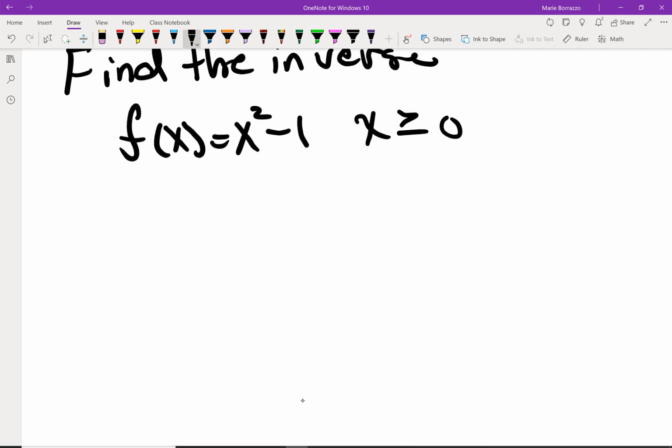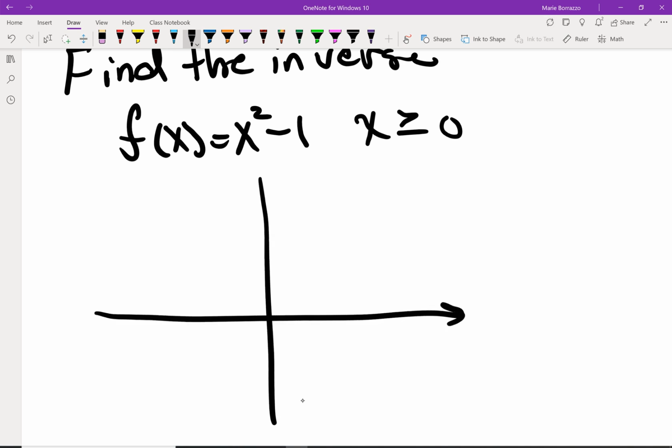So if I'm looking at my parabola just from a general perspective, we know that the parent graph of the parabola sits at 0, 0. We're shifting it down 1 unit. So basically our parabola sits somewhere down here.